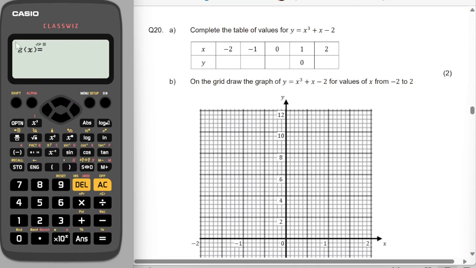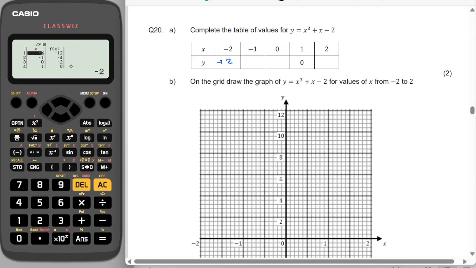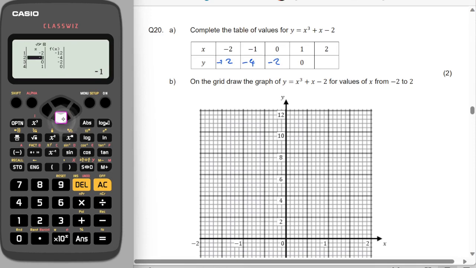Right, I don't have a second function, so I'll leave that blank. And I want to start my values at minus 2, go up to 2, and go in steps of 1. So those are all my values. I like to check with the one that's given, so 1 and 0, so that matches. So I'm looking at minus 12, minus 4, minus 2, and then 8.